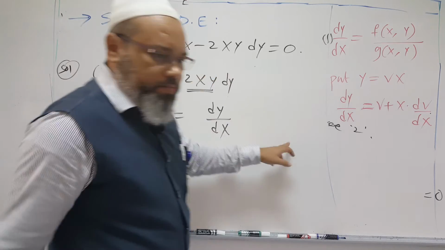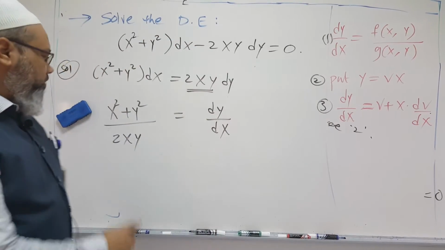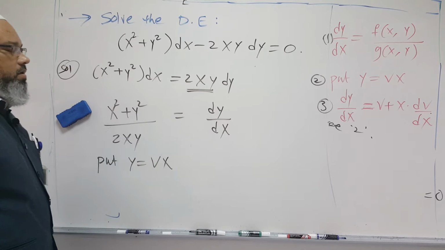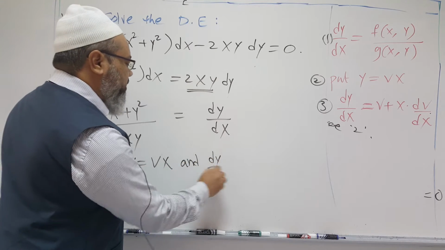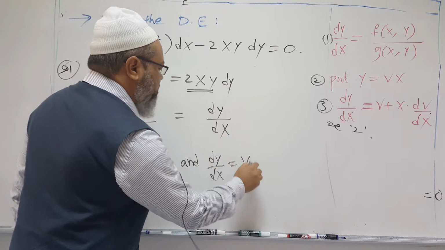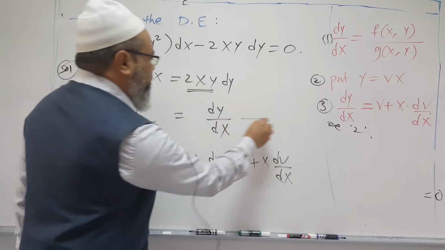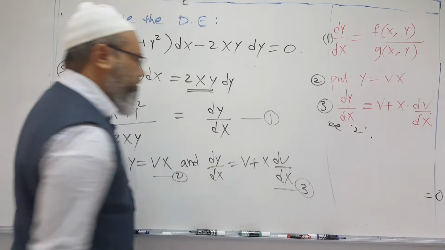So the next step, the second step, we need to remember this and this. We need to put y as Vx, and by differentiating this we will always get dy by dx equals v plus x dv by dx. So this is say 1, this is 2, this is 3.